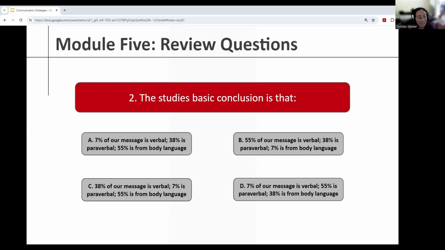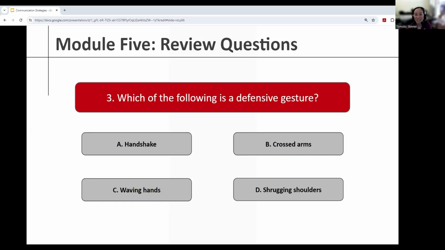Or D, 7% verbal, 55% paraverbal, 38% body language. Correct. A is the correct answer. Its basic conclusion is that 7% of our message is verbal, 38% paraverbal, and 55% body language.